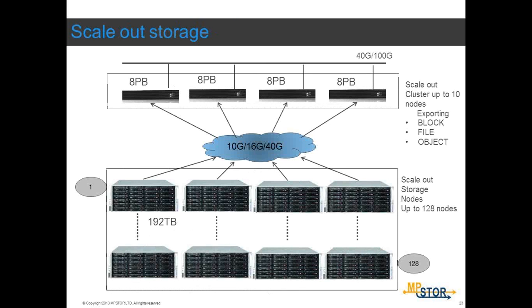So if we leave storage performance and move on to the next issue, which is of concern within the data center, which is the whole area of scale-out storage. This configuration shows a number of proxy nodes back-ended by a large number of storage nodes.